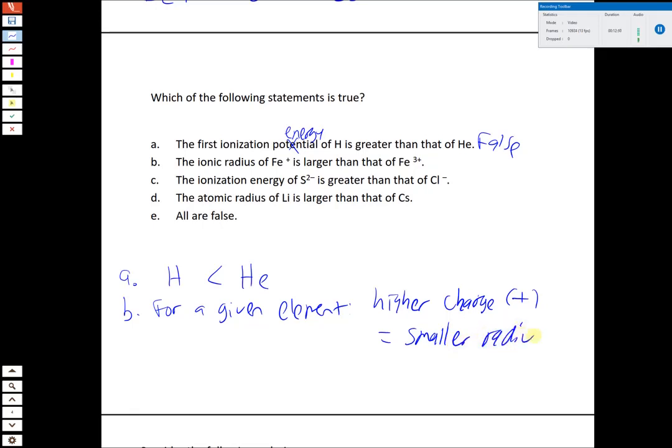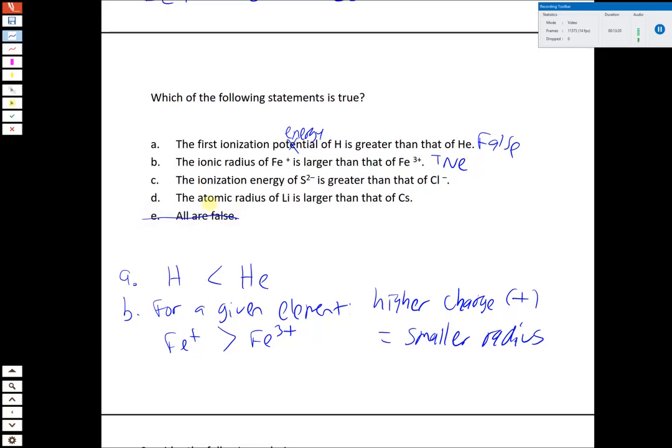So the more positive charge you have, the smaller the radius would be. Every time you remove an electron, you're taking away an outer electron. You still have the same number of protons in the nucleus to attract those fewer electrons. So every time you remove an electron, the radius contracts. So in this case, if we're comparing Fe plus and Fe3 plus, this has a smaller positive charge, so this should be larger. So that looks like it's going to be a true statement. So that's likely going to be our answer choice. That also eliminates choice E.